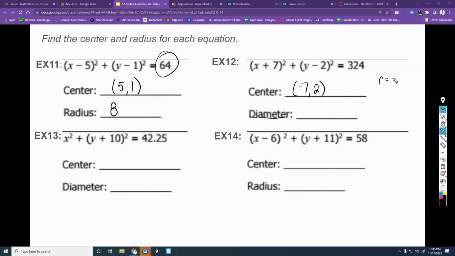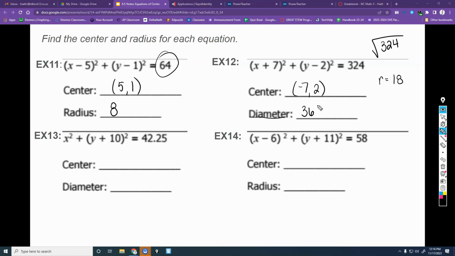Isaac? 18. How did you get 18? Good. 324, we're going to take the square root of it. Because this number has been squared, we have to square root it to get the radius. So if my radius is 18, Isaac, what's the diameter going to be? Good. And that would be 2 times 18 would give us 36.